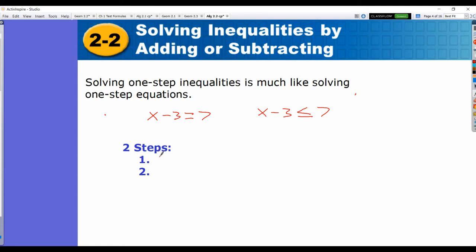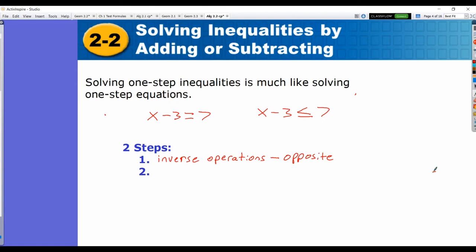Okay, so our first one that we're going to have is our inverse operation. Okay, same step as we did in chapter 1. That means we're going to be doing the opposite of what we see. Okay, canceling out numbers.